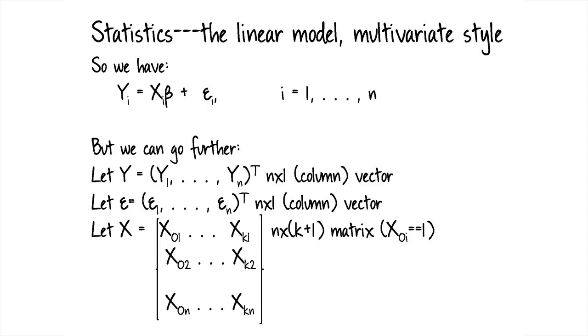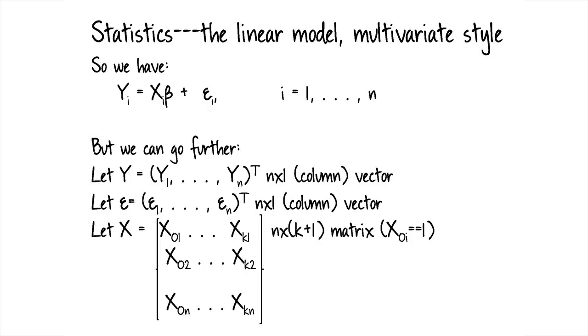And so we can go even further. We can basically put all the observations into matrices or vectors and compress our notation even further. Okay? So now let's let y, the entire set of observations on our outcome variable, be an n by 1 column vector. And then let's put our errors also into an n by 1 column vector.